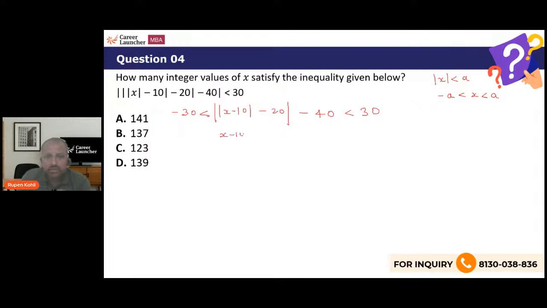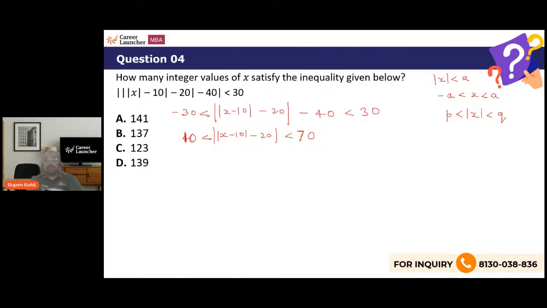So mod x minus 10 minus 20 mod, 40 goes on either side. So this is more than 40 minus 30, which is 10, and less than 40 plus 30, which is 70. So this lies from 10 to 70. Now let me discuss the standard result of the inequality: mod x lies in the range of, let's say, p to q.